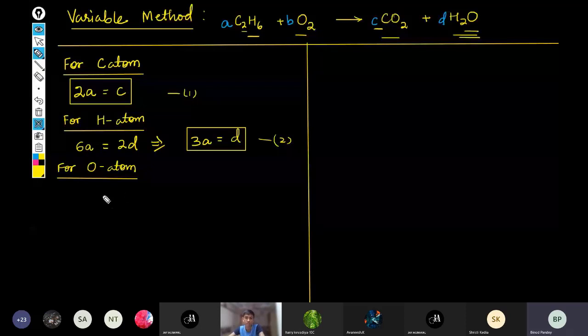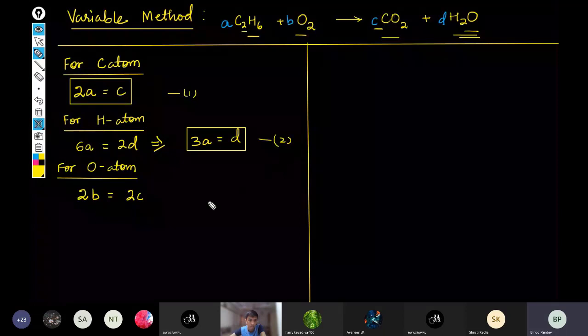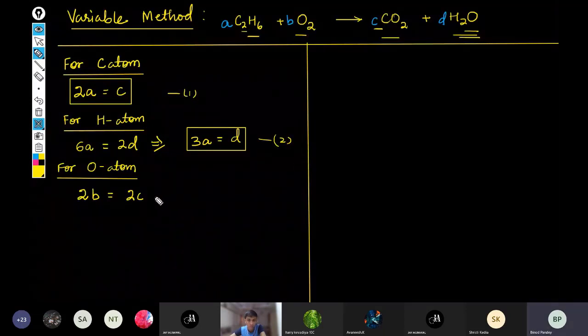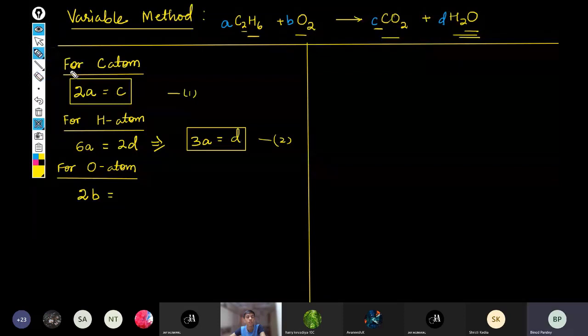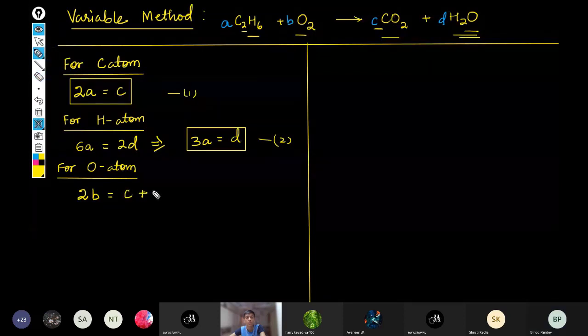It is 2 into B. On the right hand side it is present in carbon dioxide, that is 2C, plus, yes children, D. Okay, here 2D will not come, beta. Here it will be 1D only, right? Only D. So plus D, and carbon dioxide will be 2C only.